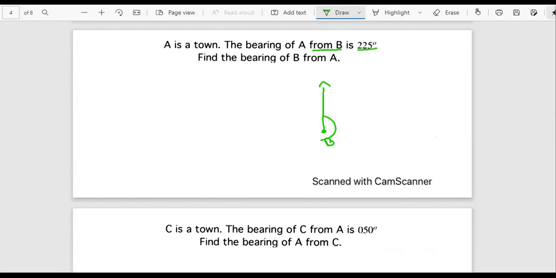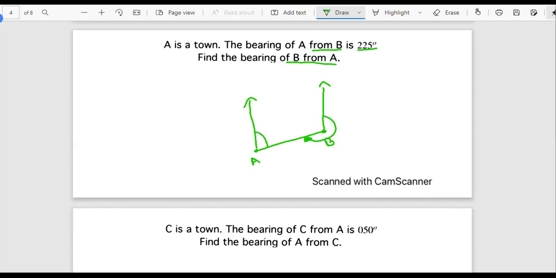I'll go in the clockwise direction. So it would be somewhere here. And now I am going to make the line for the point A. This is point A. Again, I'm going to make north on A. And I need to find the bearing of B from A. So this would be the angle.